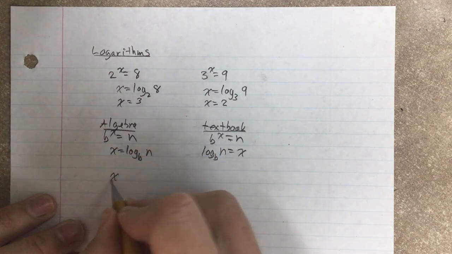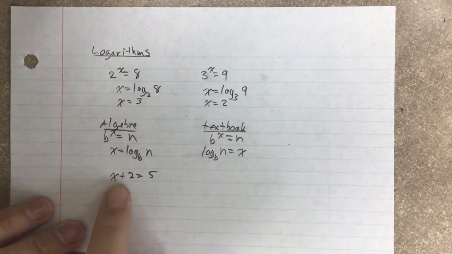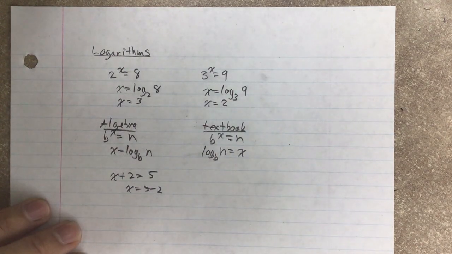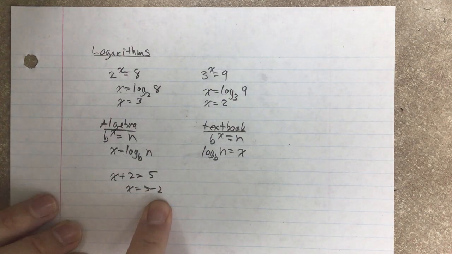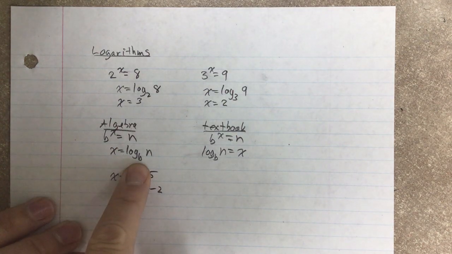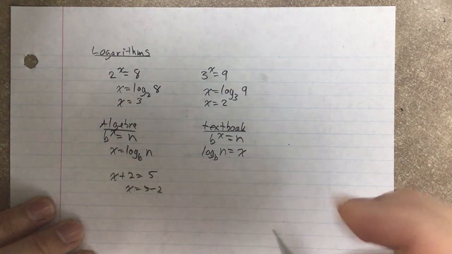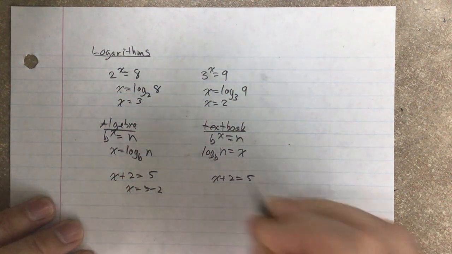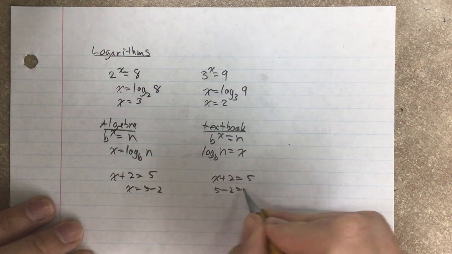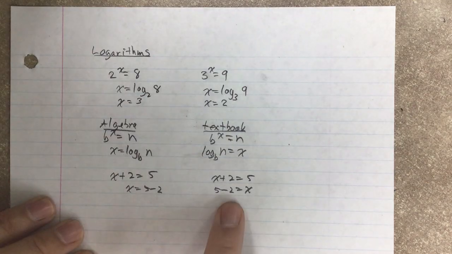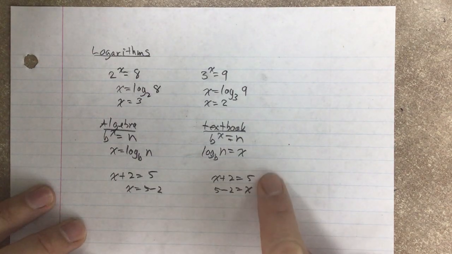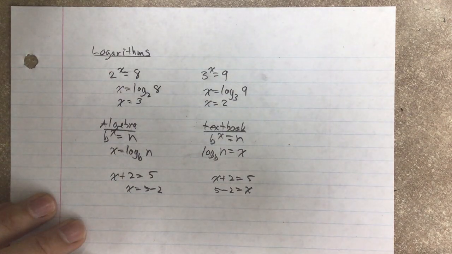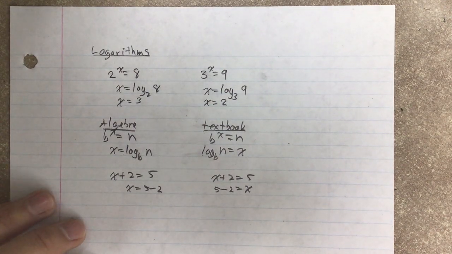This method here is similar to saying if you have x plus 2 equals 5, then x is equal to 5 minus 2. The 2 goes to the other side with the opposite operation. The b goes to the other side with the opposite operation. Here, this version, if x plus 2 equals 5, then 5 minus 2 is equal to x, which is absolutely true, and is a way that subtraction might be shown to start with in, say, grade 2 or 3 before a student has learned about algebra.